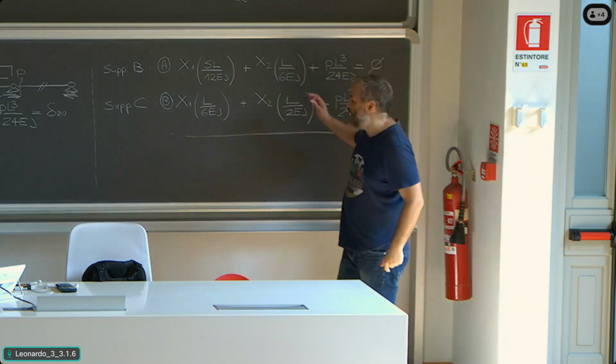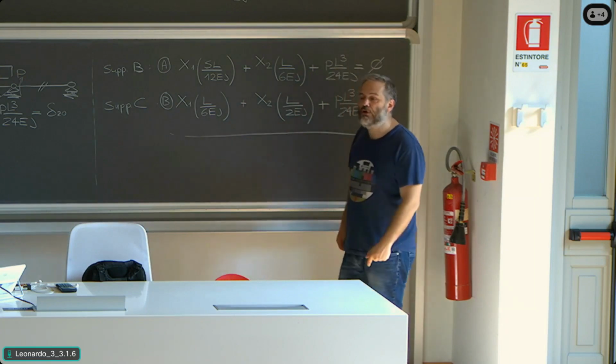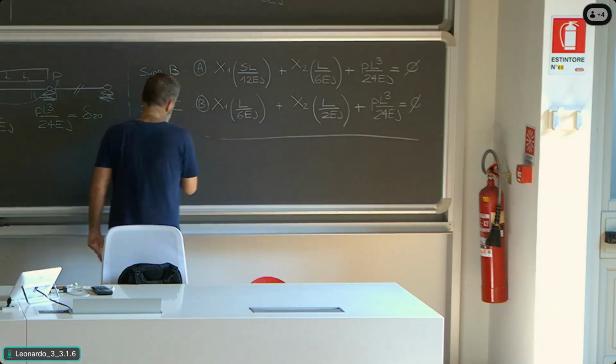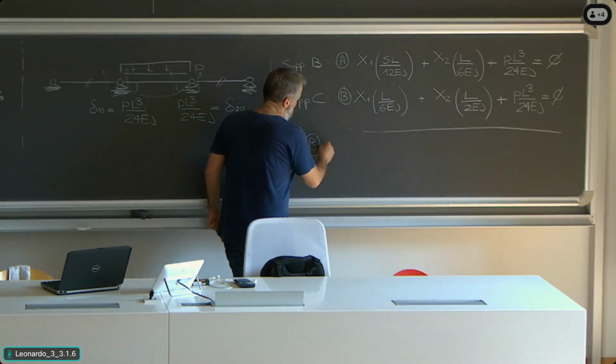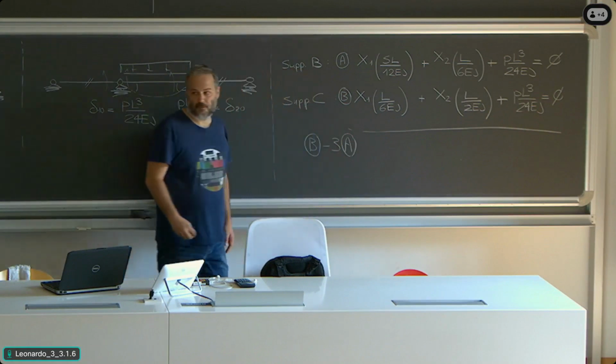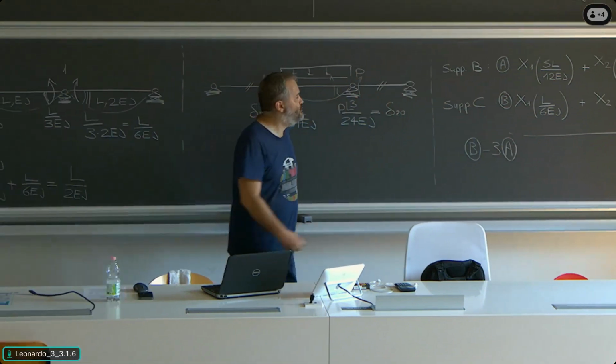So the idea is I'm going to look at the new equation, which is not A, it is not B, it is B minus 3 times A. Okay? Look at what I'm doing.